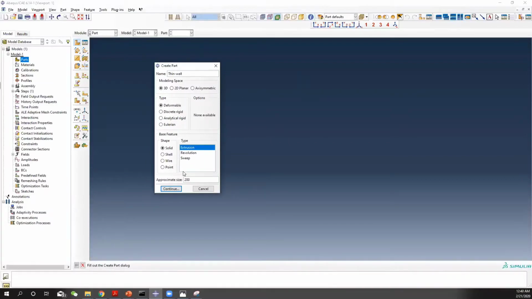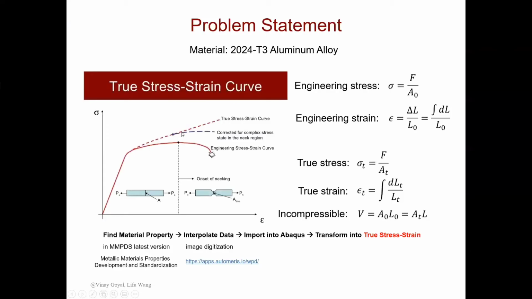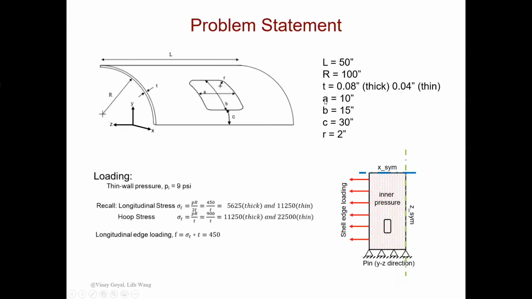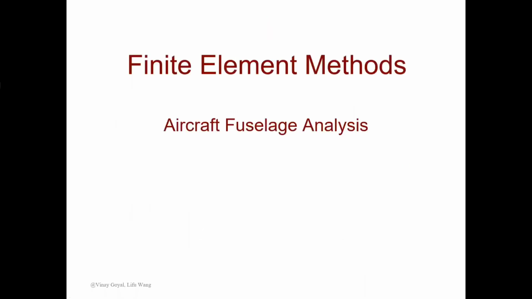We're going to use the shell element for that, because the thickness ratio here is 100, way more than 1/10. So we can use a shell element for that. If your thickness to radius ratio is larger than 1/10, then you probably need a 3D element for that.